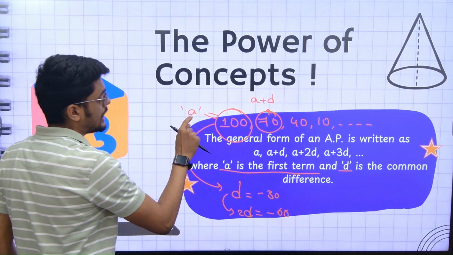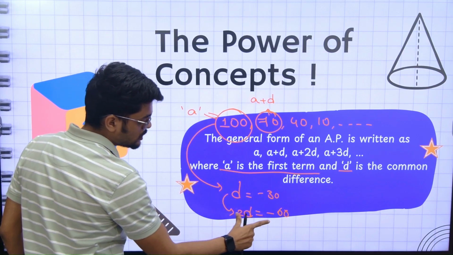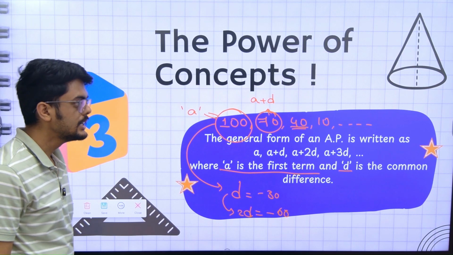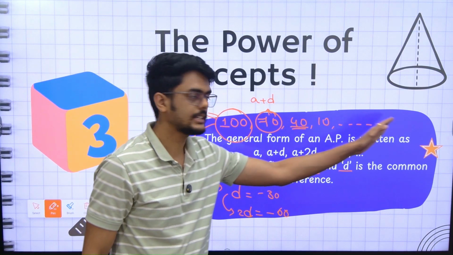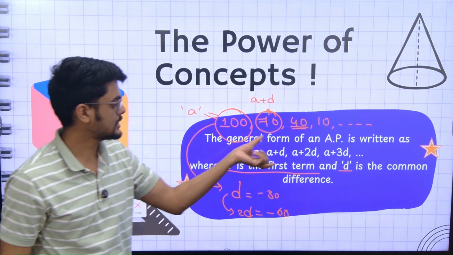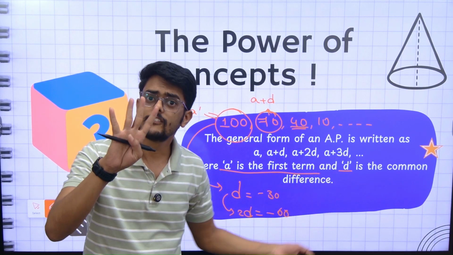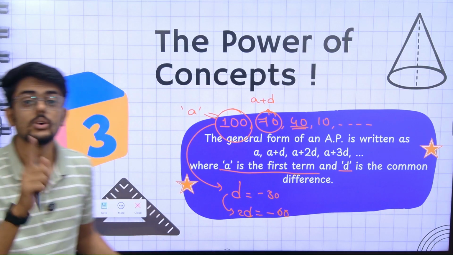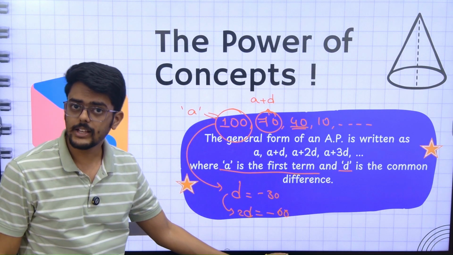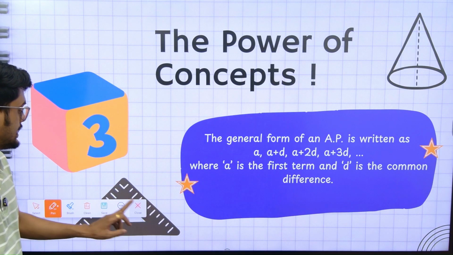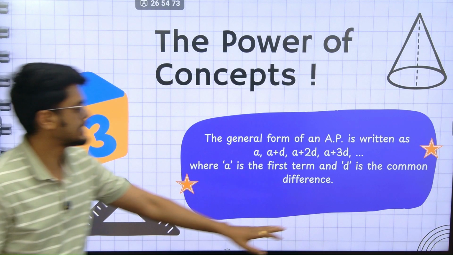When you add a plus 2d, you come to the third term. In the same manner, these things go on. a is the first term, a plus d is the second, a plus 2d is the third, a plus 3d is the fourth and so on. Now, try to remember with the help of the example whatsoever I had told you, so that we can move ahead and look into the next thing.